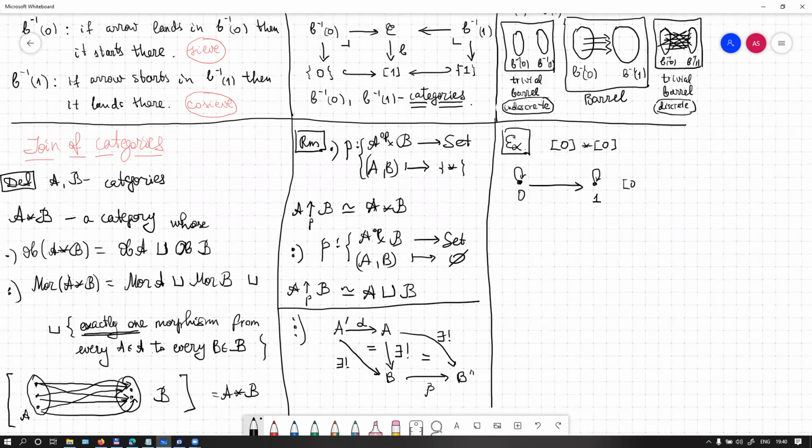So 0 join 0 is a new 0, and this is isomorphic to an interval. Also, m join n is m plus n plus 1, as I remember. So just for you to remember.